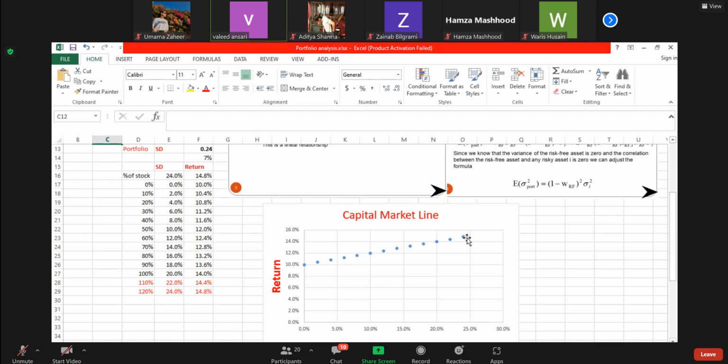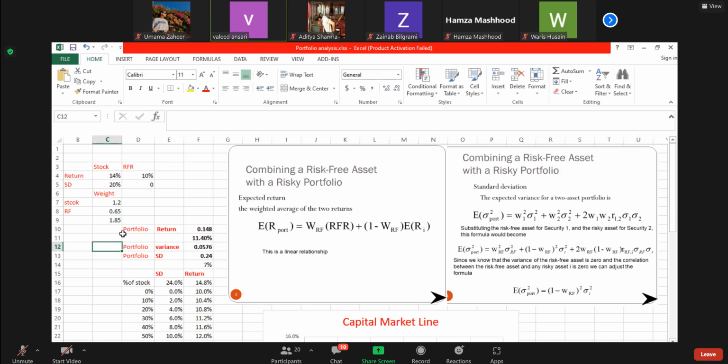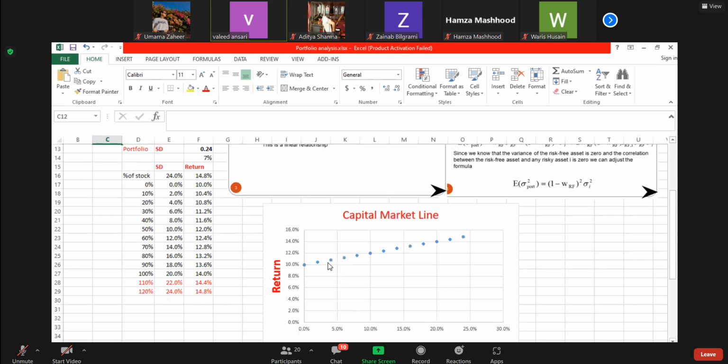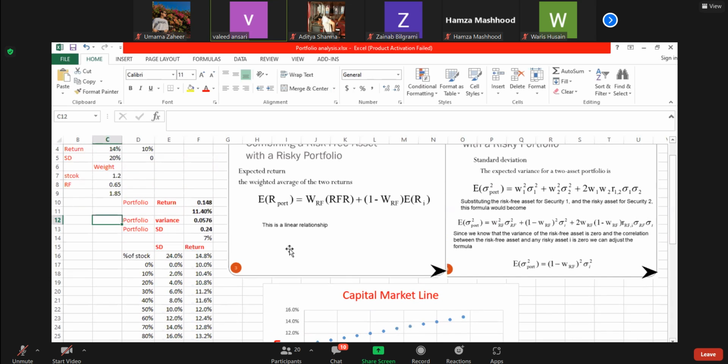You see that this line has extended further up to here. It means you can get more return, but you know that we have to pay the rate of interest on this. For example, if you are investing more here, then you will have to pay the rate on your borrowed portfolio. So in this way, by changing the borrowing and lending portfolio, one can have it.